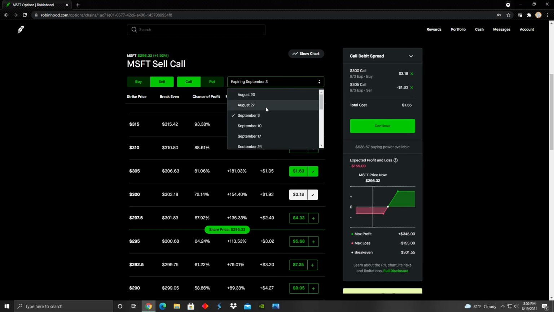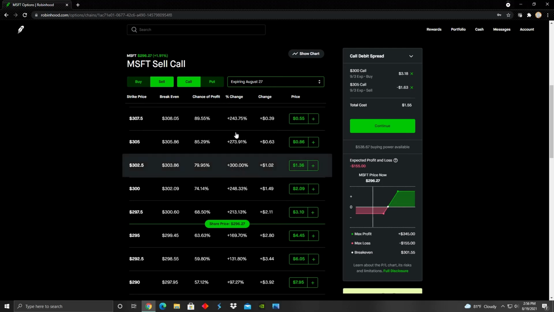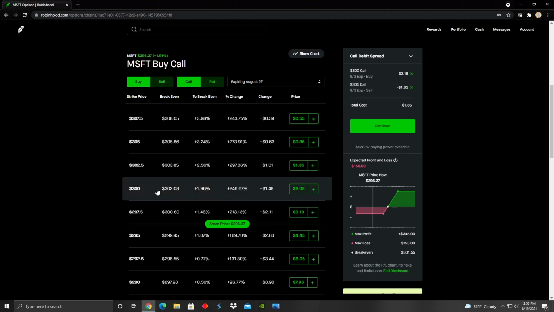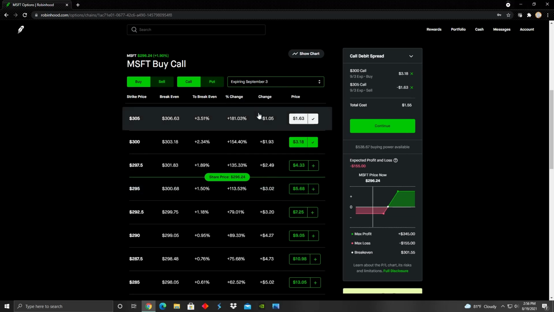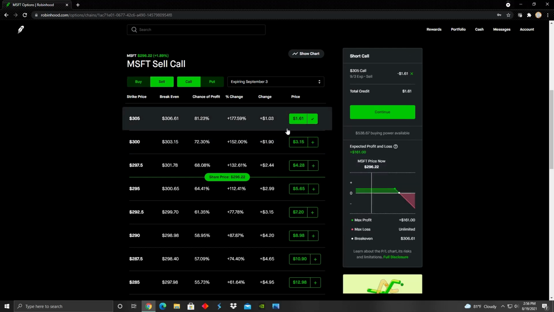You can also do this for August 27th, for example. If we opened it for August 27th, I forgot to close the contract for September 3rd.